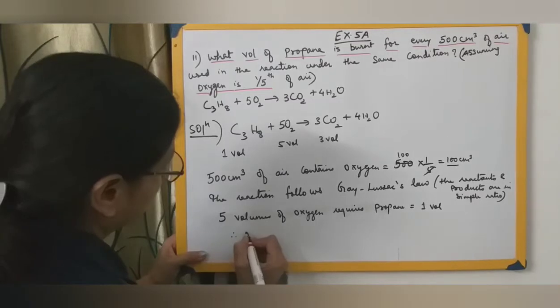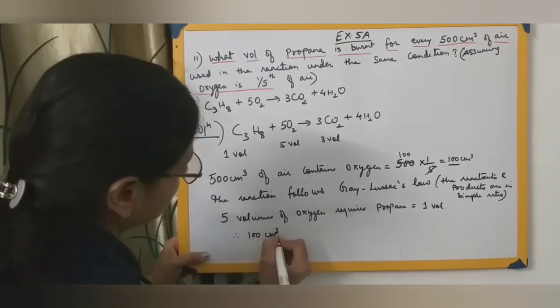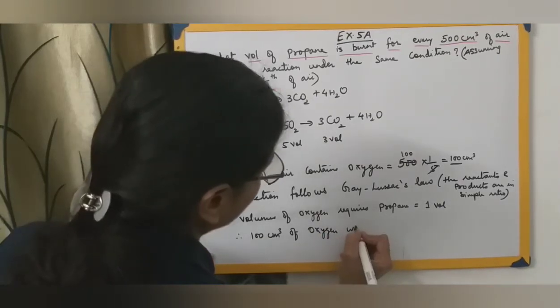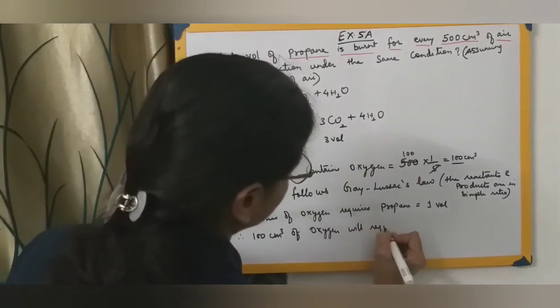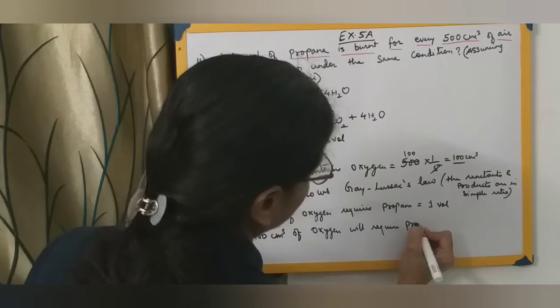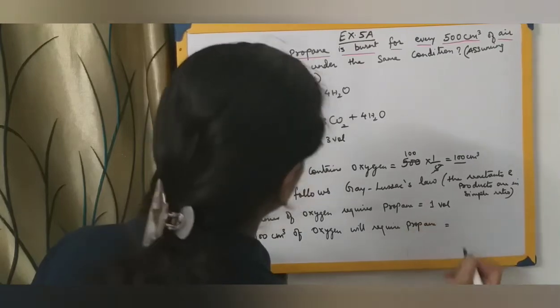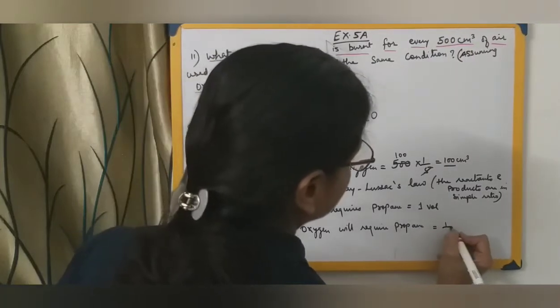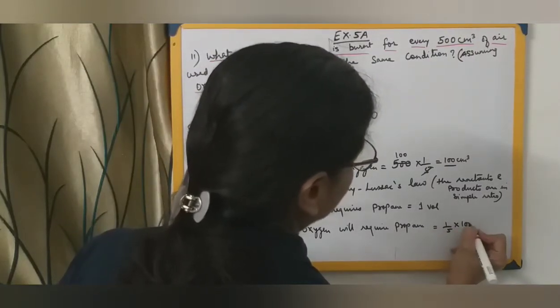Therefore 100 cubic centimeter of oxygen will require propane. What will we do? That is 1 by 5 into 100.